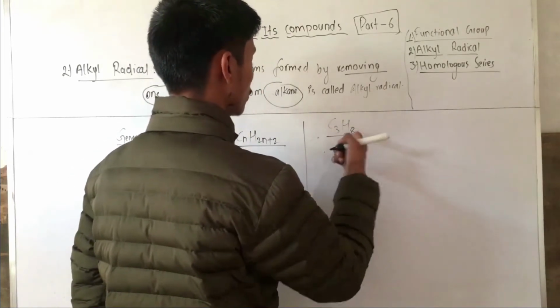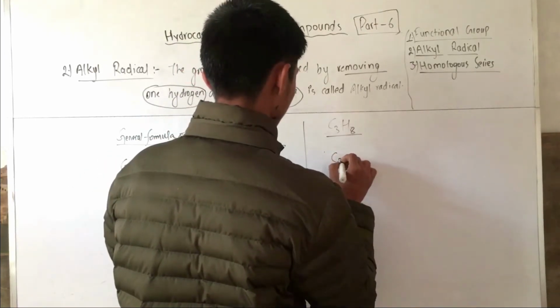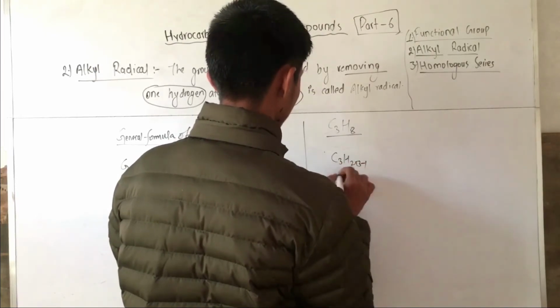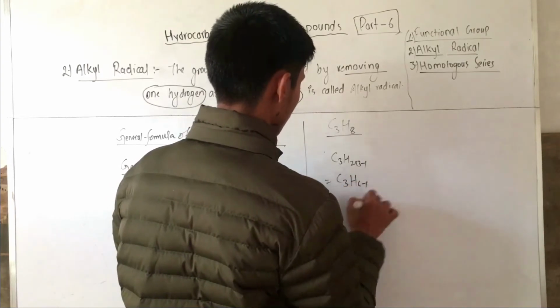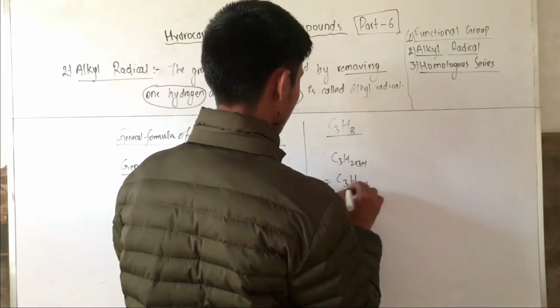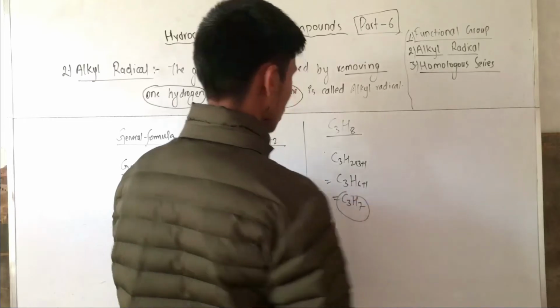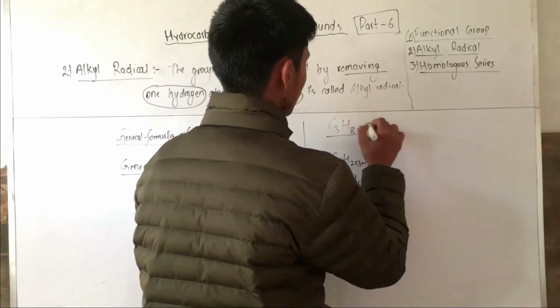And if we remove one hydrogen from this, that is C3H(2 into 3 minus 1), that is C3H6 minus 1. No, plus 1. Yes, plus 1. Then C3H7. This is alkyl, and this one is alkane.